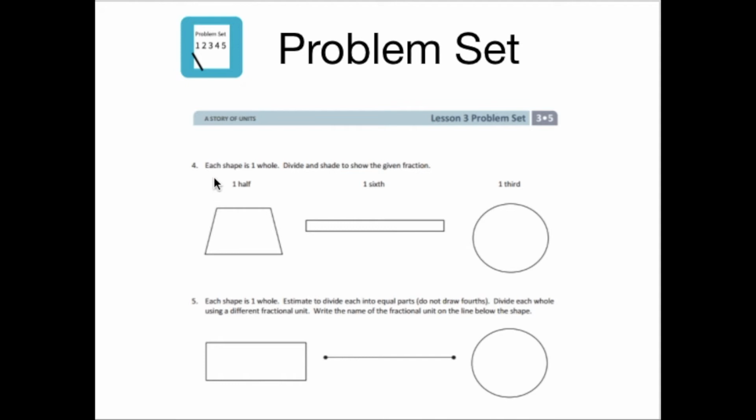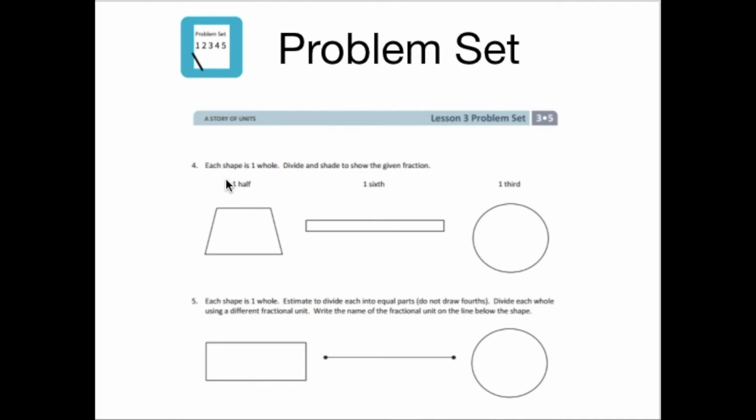Number 4 says, each shape is one whole. Divide and shade to show that given fraction. So I'm asking you not to copy the question down, just to do the work down here at the bottom. So I have the outline of a trapezoid, and it's asking me to divide this trapezoid into 1/2.